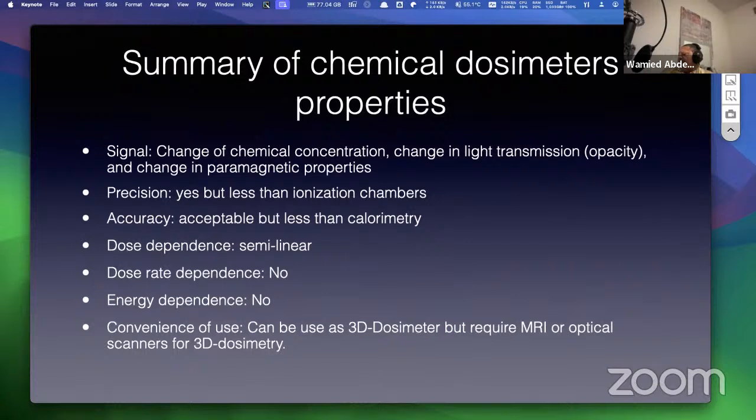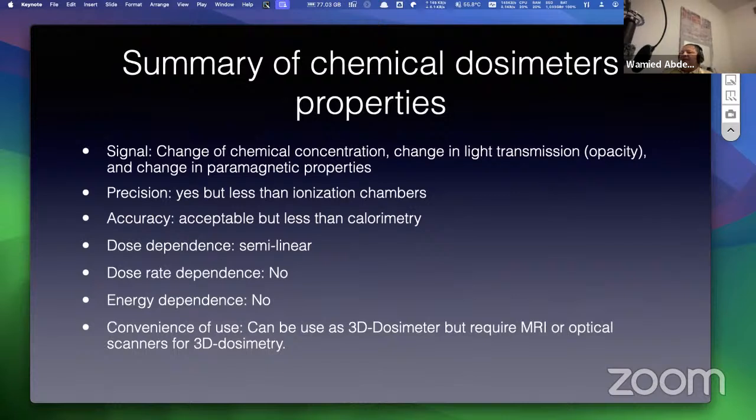Still, that G value could not be established without a radiation beam. However, the specific heat for water, yes, you could establish it without a radiation beam. That's why calorimetry was termed absolute. However, Fricke and ionization chambers were called reference dosimeters.